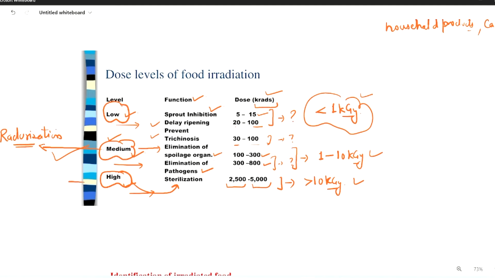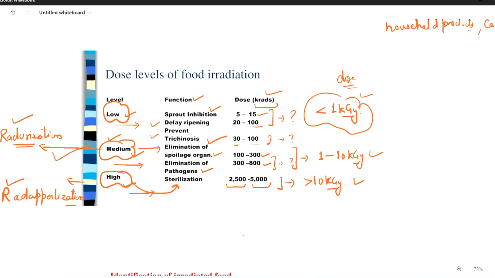High dose is known as radappertization. So sometimes a question can be asked from here, it can be asked from function, it can be asked from dose. So you should be very aware of this, right?